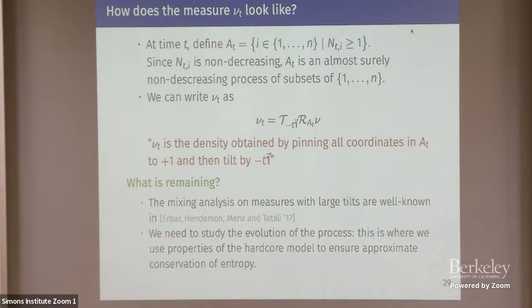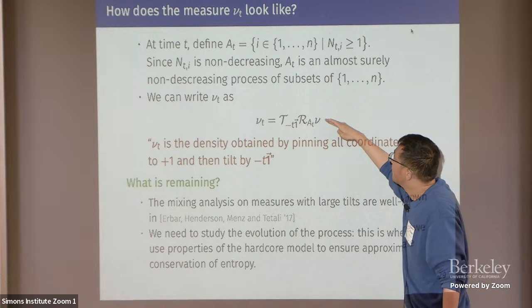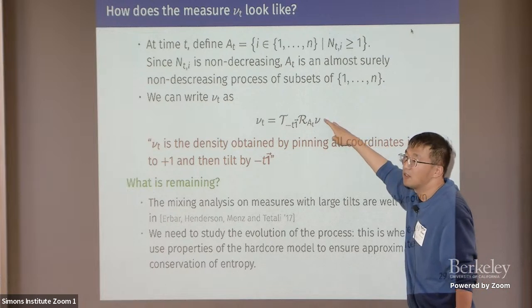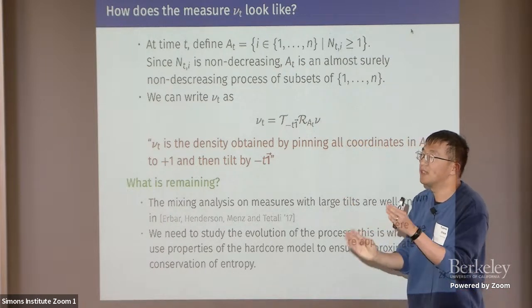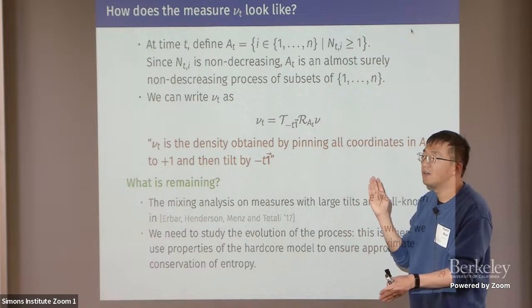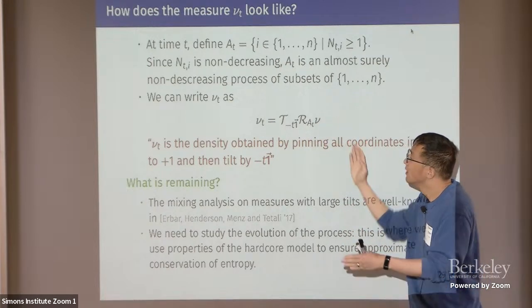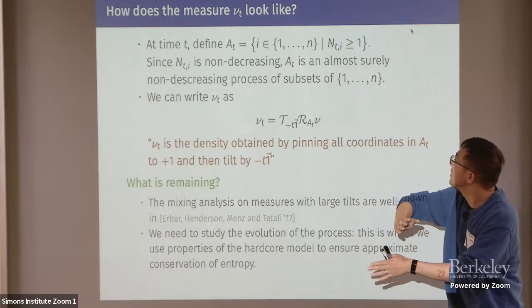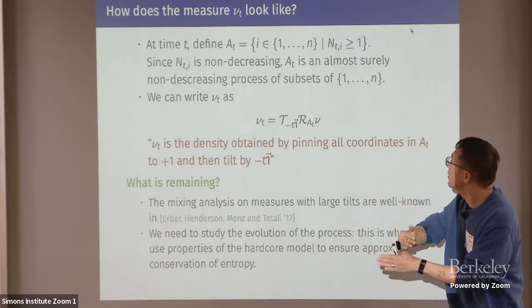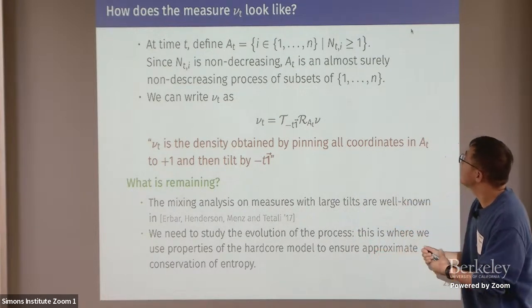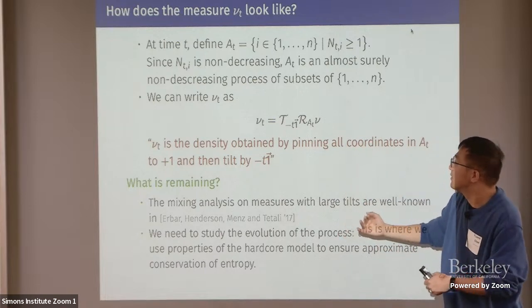So the thing to observe is that this negative field localization process treats -1 and +1 differently, right? You will pin some coordinates to 1, but you also tilt the measure to -1 so that you remain a martingale, and you kind of treat the +1s more seriously.